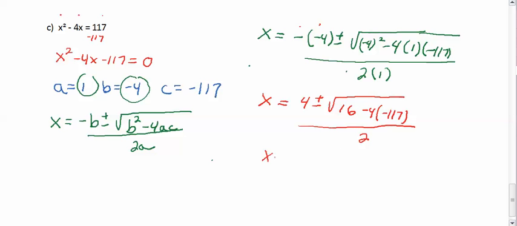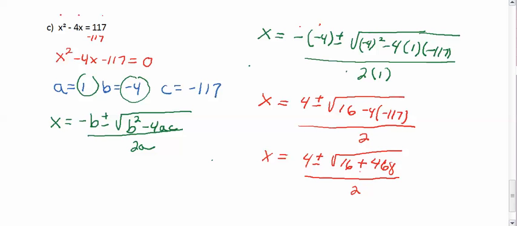We're still figuring out what x is. We have 4 plus or minus the square root of 16. Negative and negative is positive, and 117 times 4 is 468, all over 2.